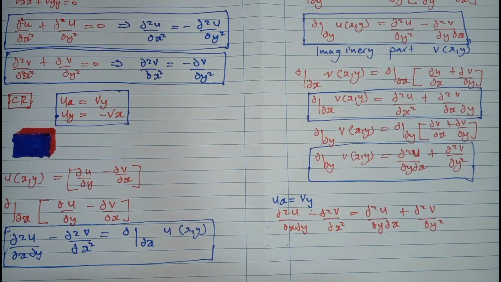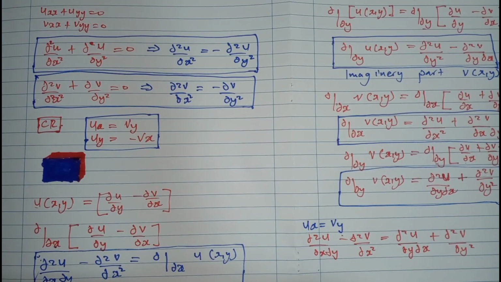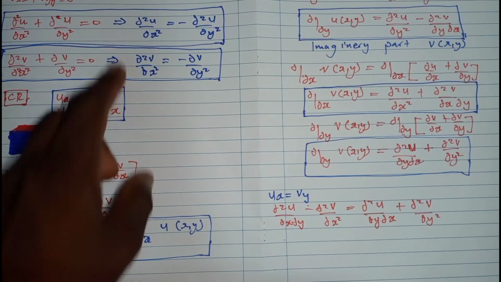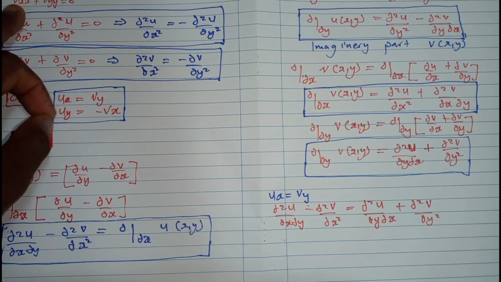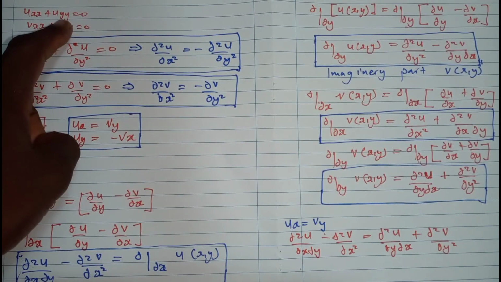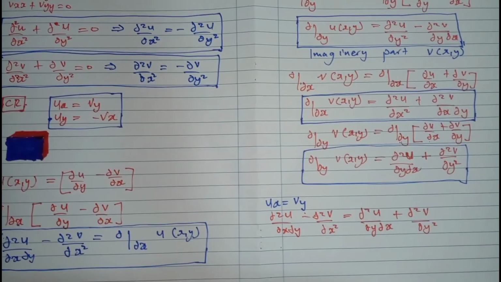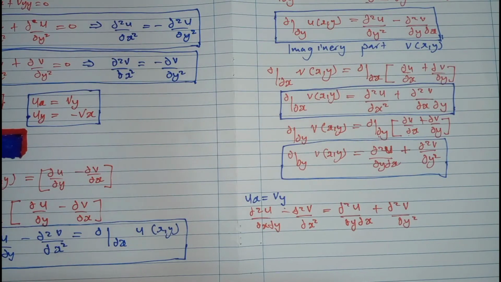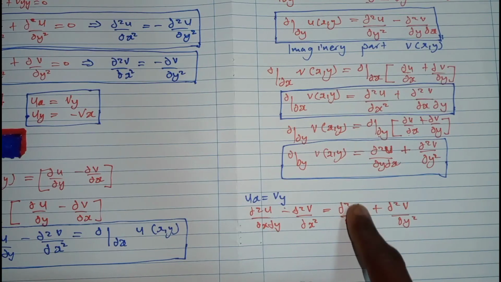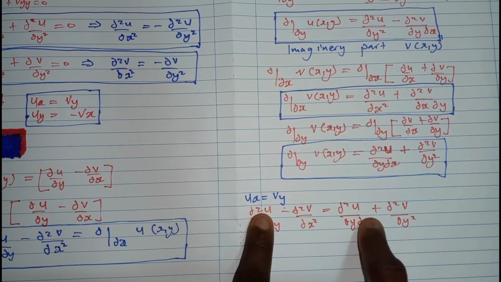Why am I saying the same? Let's go back here. Okay, so from here, what are we seeing? From the equations which you have written for our harmonic equations, we have said uxx plus uyy is equal to 0. So what does that tell us? Here we have partial 2u partial x partial y, and we have partial 2u partial x partial y. Okay, that is the same.